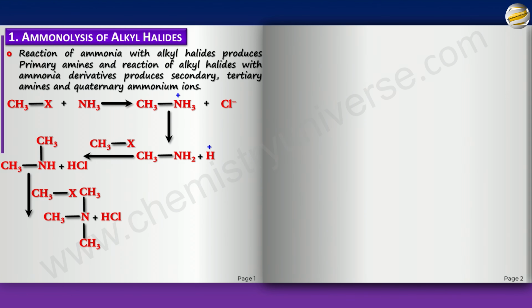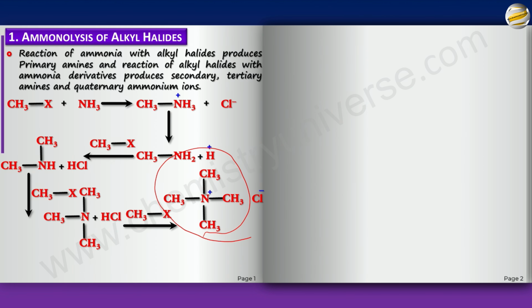But suppose you were to go one step further and react this with CH3X. Now this is extremely difficult to react because it's highly hindered, but CH3X is not hindered, so maybe it helps. But if it were to react, it eventually will become a quaternary ammonium salt. So this is a quaternary ammonium ion. So you got a primary amine, a secondary amine, a tertiary amine, and eventually a quaternary ammonium salt.